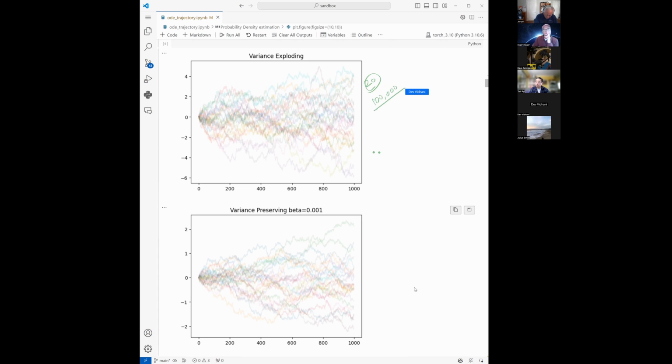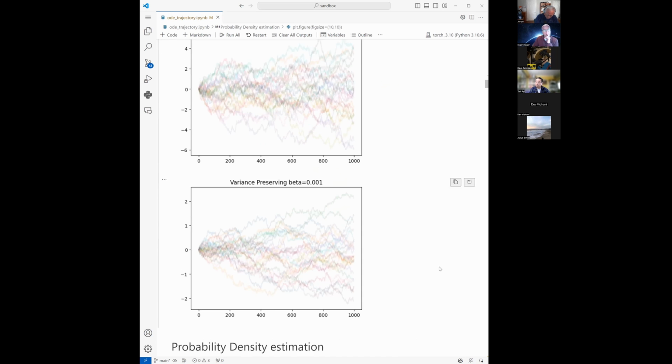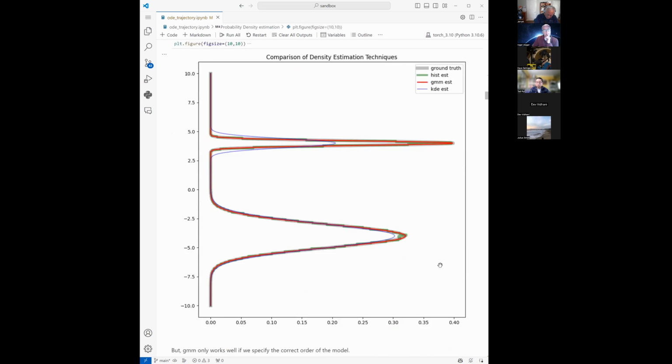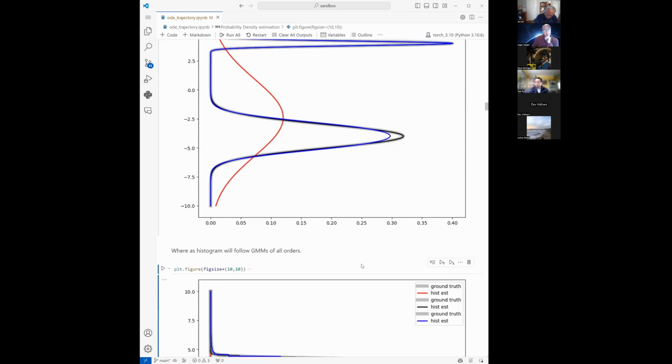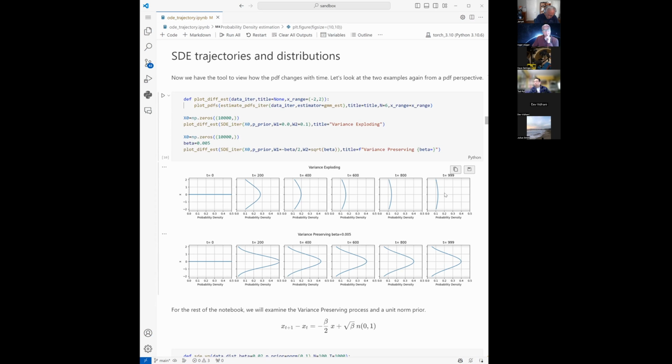Right. And then what you're plotting is you're looking at this time slice and plotting how the distribution of these points looks at different time slices. Yep, that's correct. Let me erase this, sorry. And each slice is represented by a different plot here. Okay.